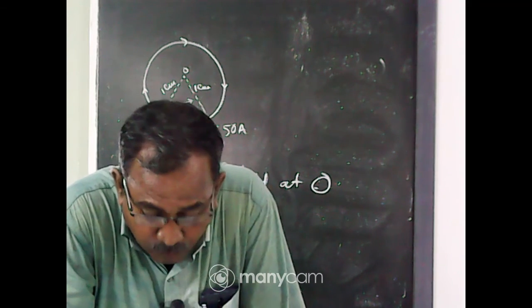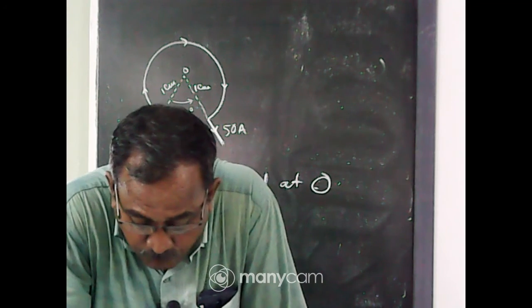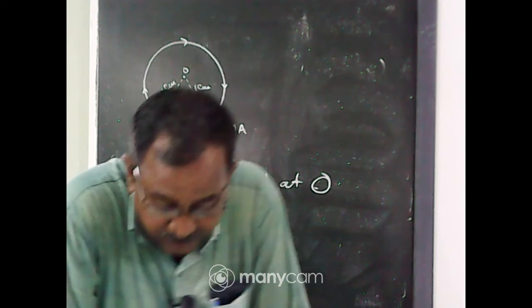The magnetic field at O is due to the 3/4 part of the circular loop.